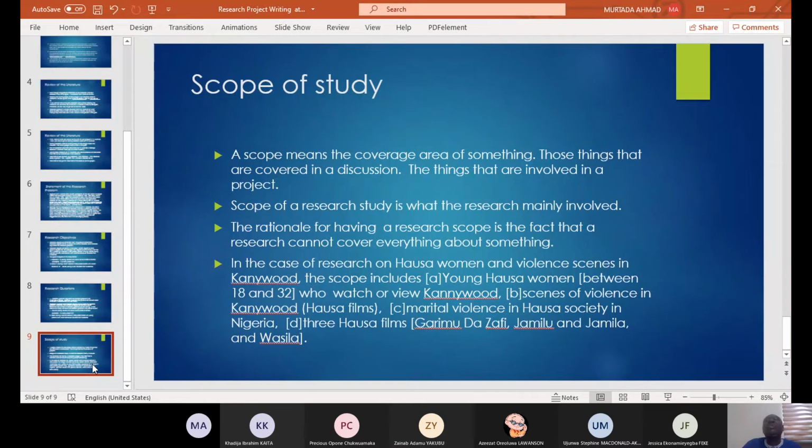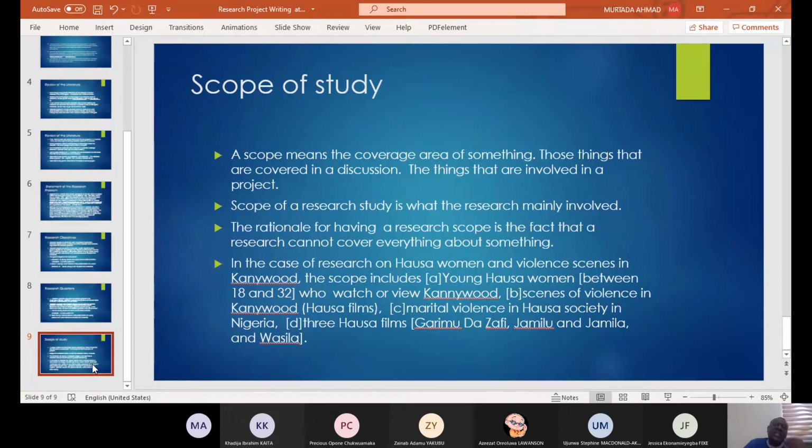Because chapter 2 includes the theoretical framework, the empirical studies, the conceptual overview, the conceptual framework, and everything. So chapter 2 is the model of chapter 1 in research, technically speaking. If we are dealing with what leads to what, that is it.